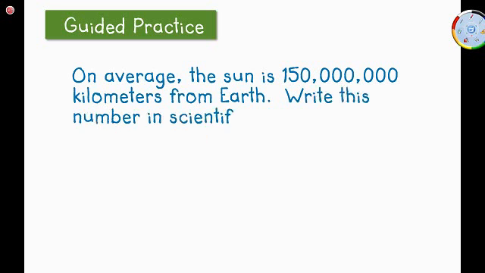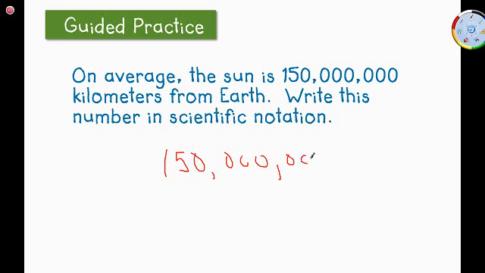On average, the sun is 150 million kilometers from Earth. Write this number in scientific notation. So I am going to write my number, 150 million, just like that. Sorry, this is messy. All right, our decimal is here, but we want it to be here.